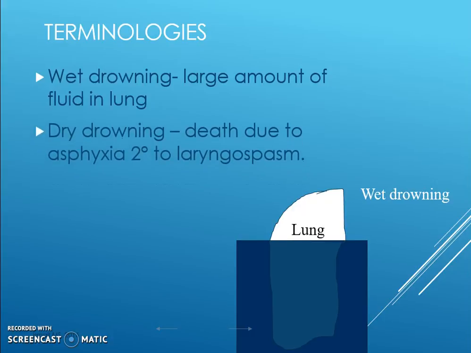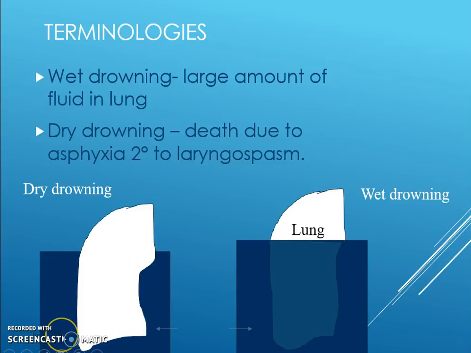On the other hand, there is also a thing called dry drowning. In dry drowning, someone goes into the water, he's drowned, but during autopsy, when the pathologist opened up his lung, they found that the lung is dry. Nothing went into the lung. The lung is kept dry from the water.